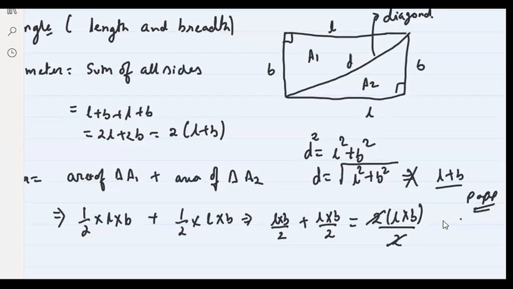A, B, C, D, E, F, G, H, alpha, beta, everything is a variable, right? For example, is it necessary that length should be L only? Can I not say that length is X? Yes or no? So focus on the concept.